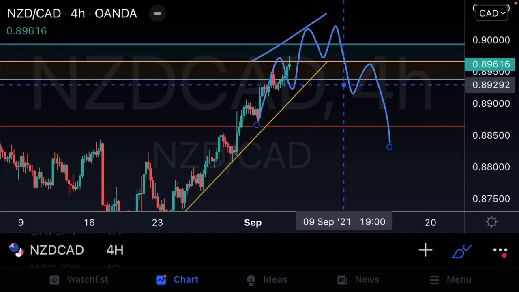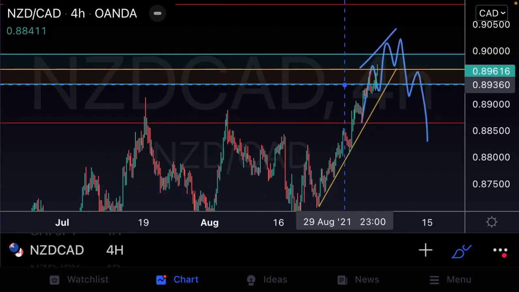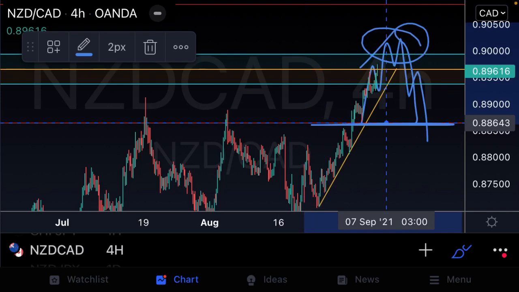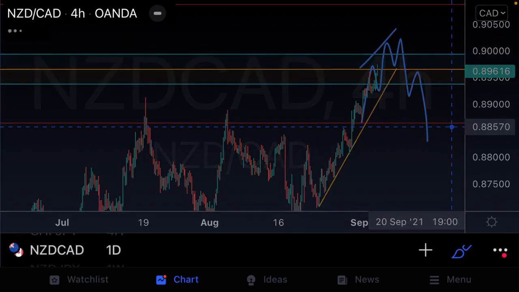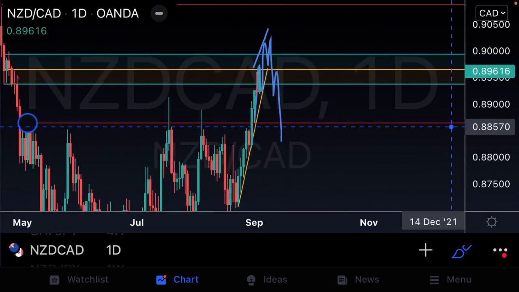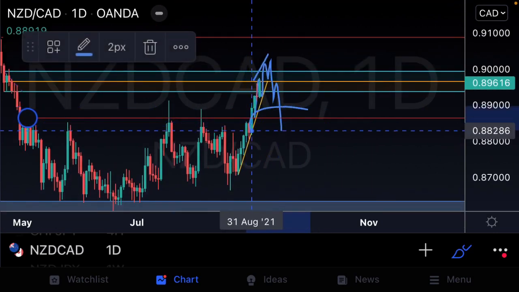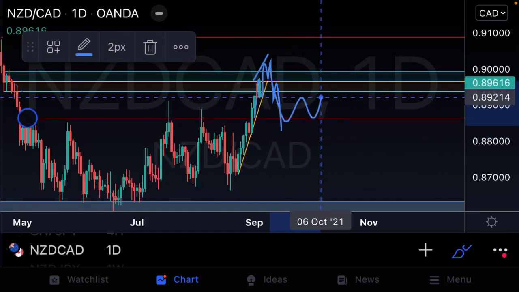Now, one important thing, guys, that we need to mention about this bearish bias on New Zealand dollar CAD is that we'll try as much as we can to squeeze a 1:3 risk to reward ratio in between wherever we enter this market and these important support structures over here. Why? Because from a daily, if we look at this range that we've established and broken above, this is our retest area of this range for our potential bullish continuation.